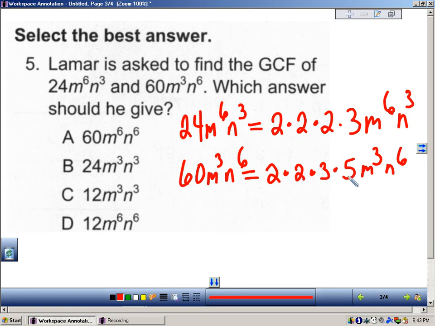And 12 times 5 is 60. Yeah. Okay, so highlight the common factors or circle them. And yeah, so there we go.